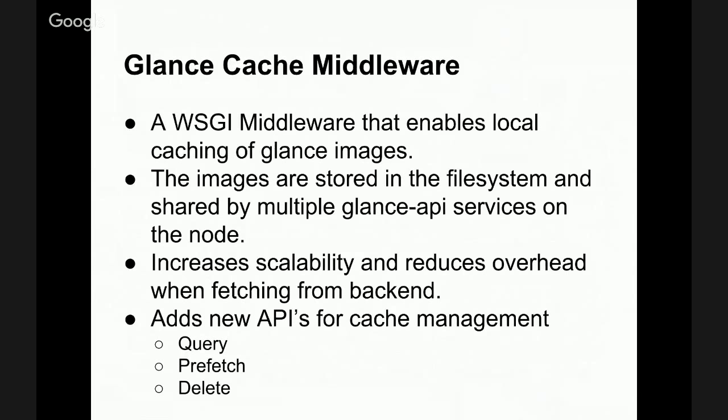If you know that you're releasing a new image today to your cloud, then you could prefetch this image on all the Glance API nodes. You could work out your own algorithm on how to cache which specific image on specific nodes, and then you could query and manage, and do a whole bunch of operations around this. It's very useful in a public cloud scenario.